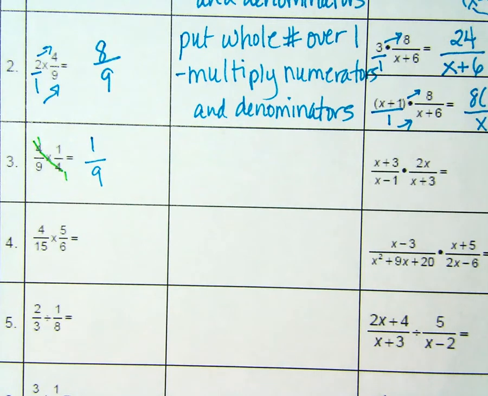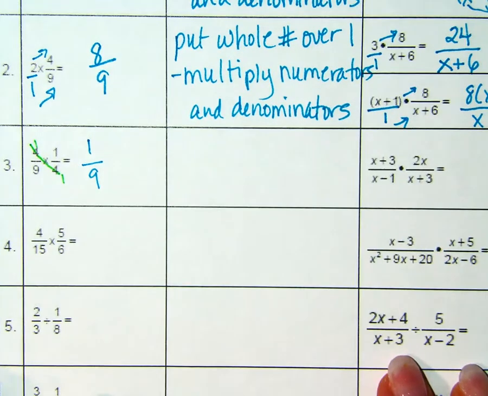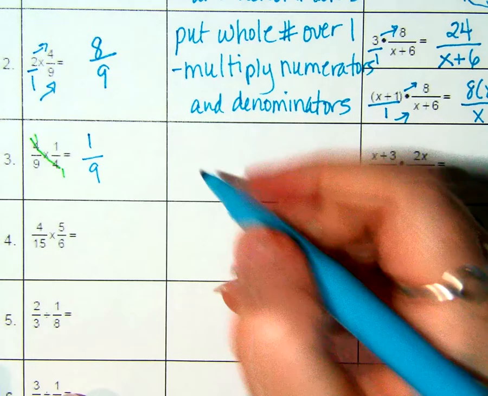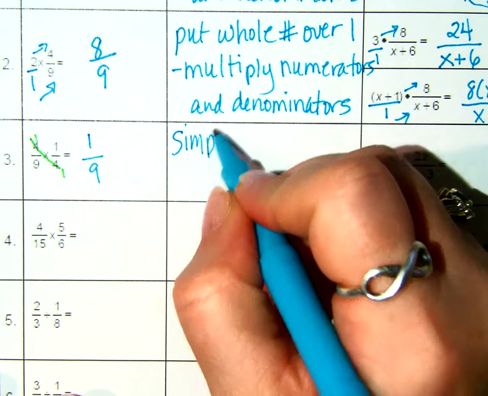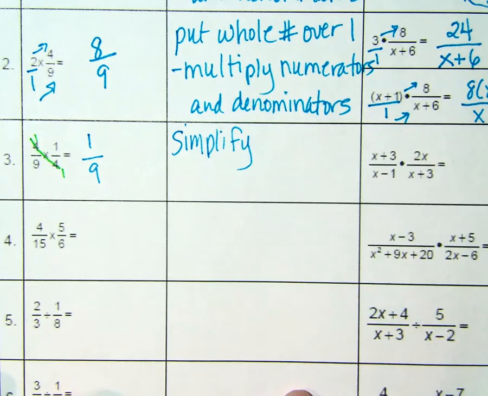We're lazy. We want to do the most amount of math in the fewest amount of steps with the smallest numbers that we can. Okay? So tell me the steps that we did. Simplify. What did we simplify, though? You know what those are called?